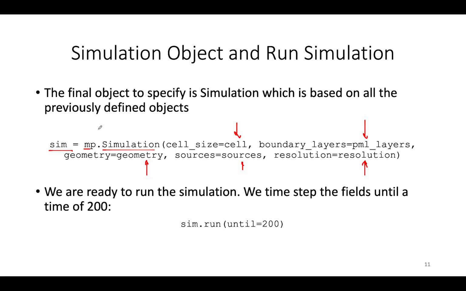After the simulation object has been constructed, we can finally run the simulation. We can run until a time of 200, by setting until equal to 200 as an argument to the sim.run method.